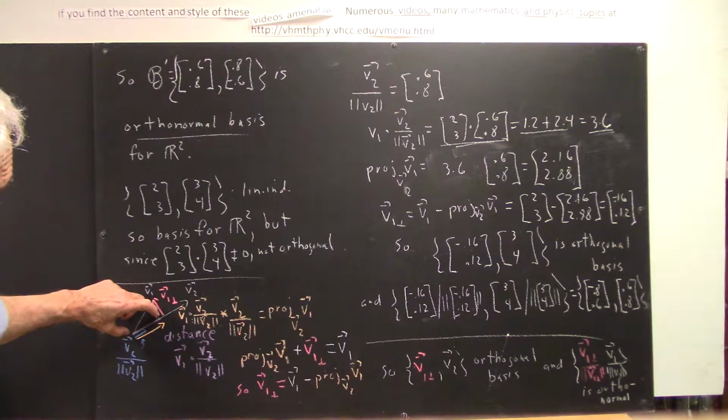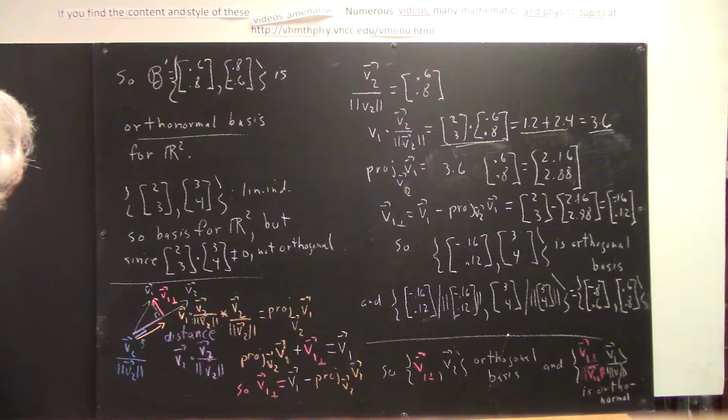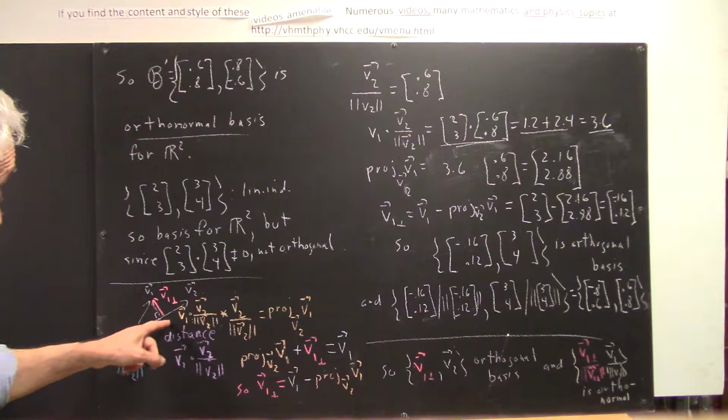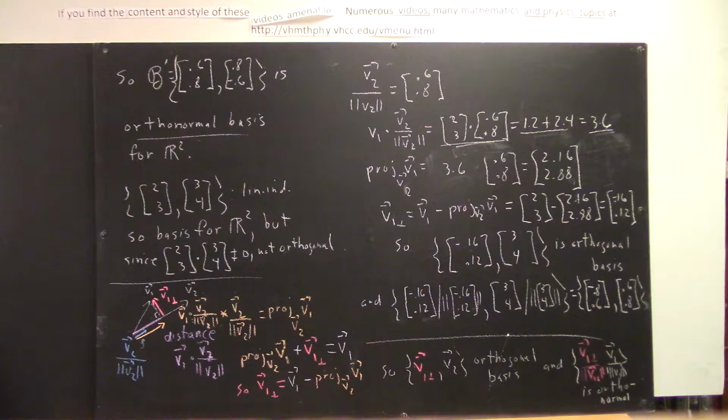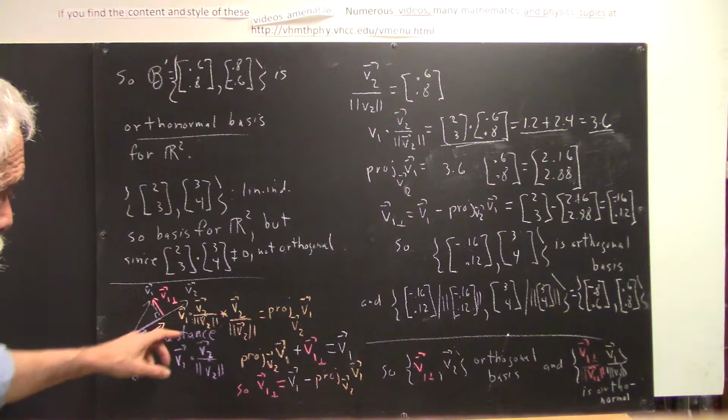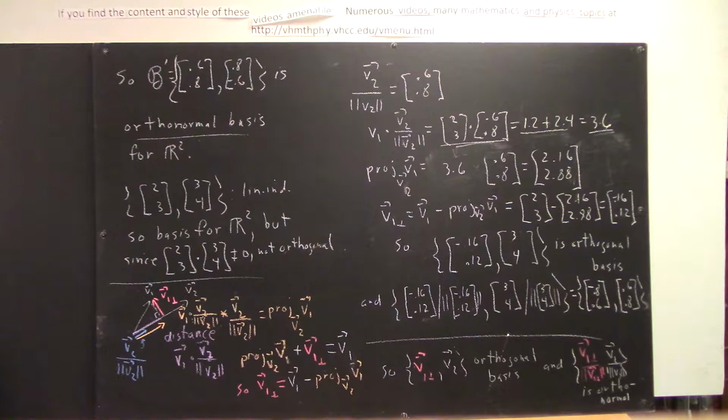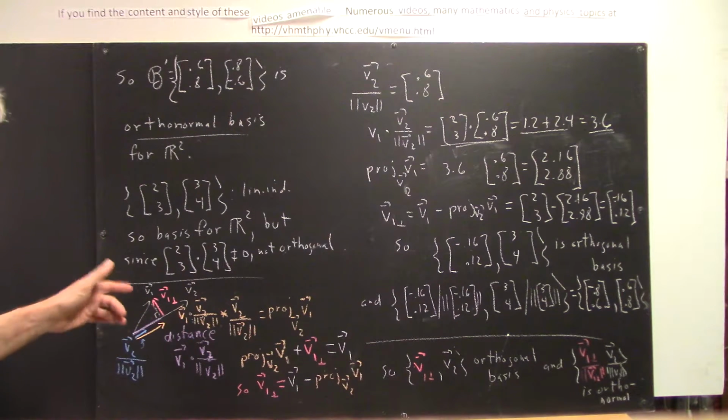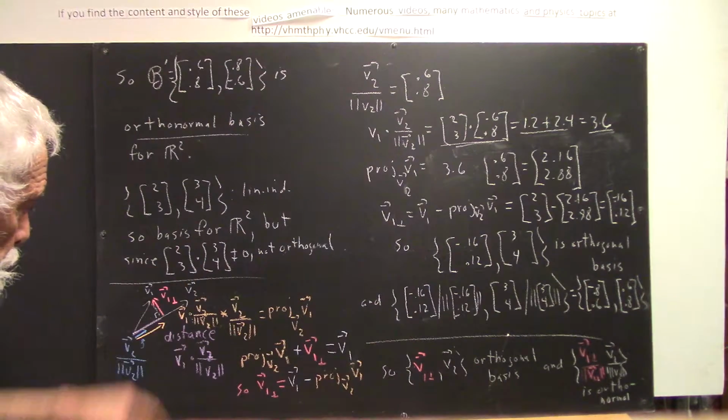We multiply that by the length of this purple line, which is the scalar projection, and now we have this orange vector, which is the component of the v1 vector in the direction of v2. It's the part of v1 that's parallel to v2.